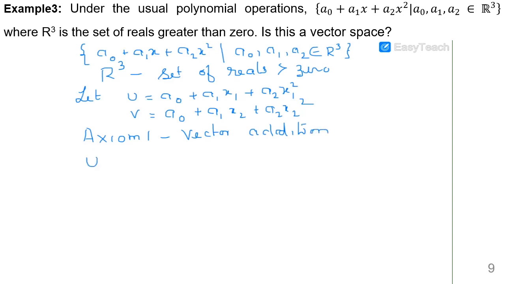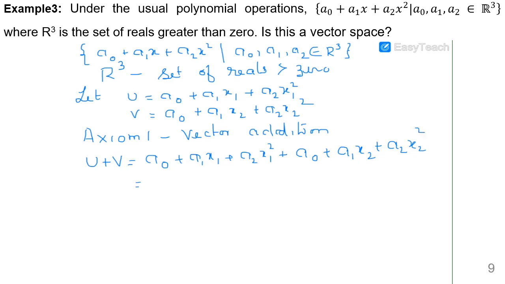So, U plus V is equal to a0 plus a1 x1 plus a2 x1 square plus a0 plus a1 x2 plus a2 x2 square.